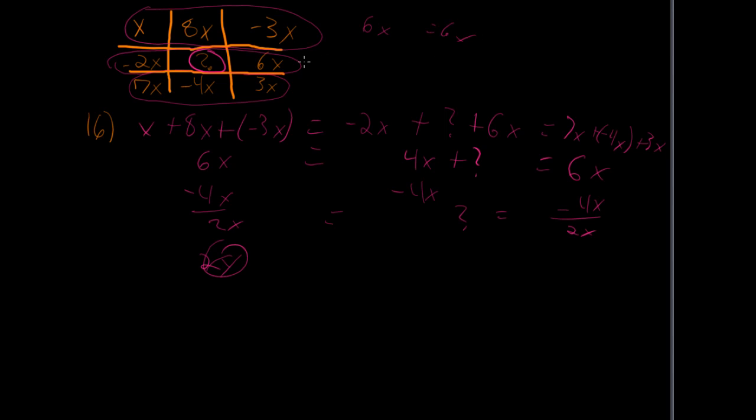And negative 3x plus 6x plus 3x is equal to 6x. And similarly, the diagonals should be equal to each other as well. So 7x plus 2x minus 3x equals 6x, and x plus 3x plus 2x also equals 6x. So all the requirements have been met, and 2x is the correct answer.